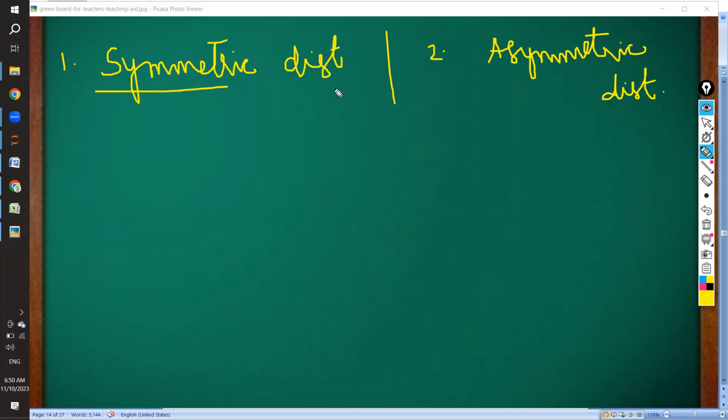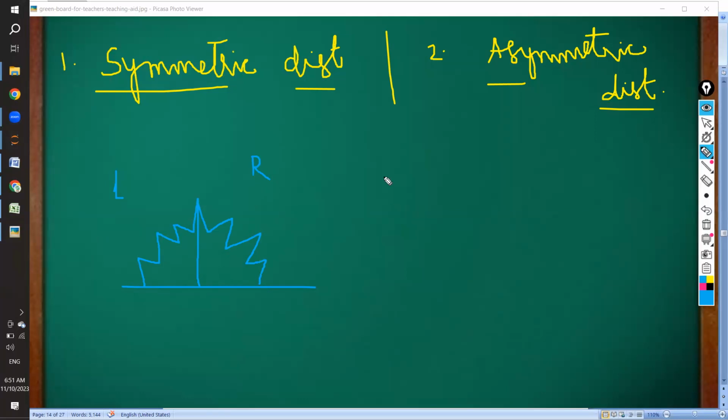Now what does a symmetric distribution mean is simple. If you are having any distribution where the left side portion is the same as the right side portion, that is called a symmetric distribution.